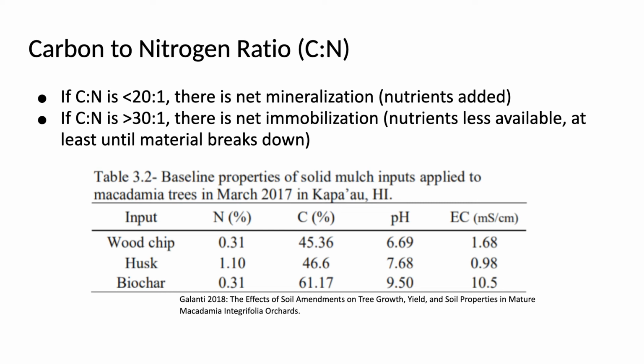This is from a study that Russell did on our farm: he applied wood chips, and we saw nitrogen levels drop a little bit in the subsequent year because it was competing with that. It was net immobilizing. However, there is a long-term benefit, and it might be worth it. Just something to be aware of.